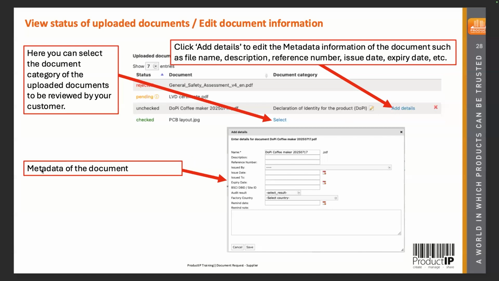Here is the name of the file, then description, reference number, issued by, issued date, issued to, and expiry date, which could be interesting. Then you can save, and your customer will receive the detailed information of the document.